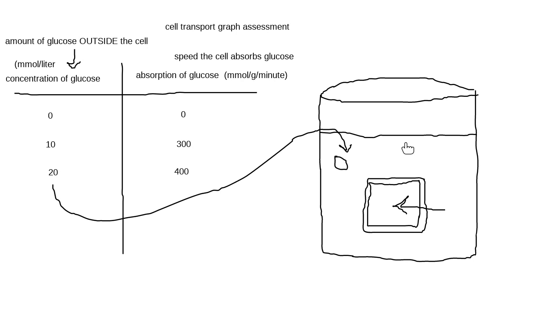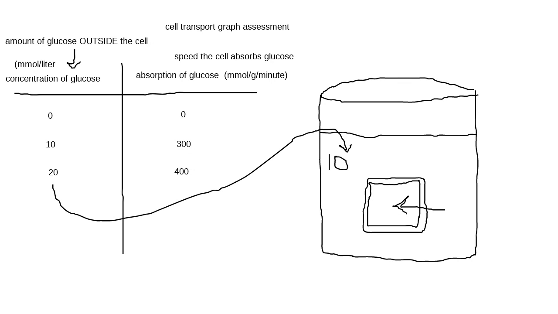Right? So if there's no glucose in the water around the cell, then the speed at which the cell is taking it in is also 0. That makes sense, right? And then look what happens as you increase it. So if you increase the concentration outside the cell to 10 millimoles of glucose per liter, then the speed increases to what?